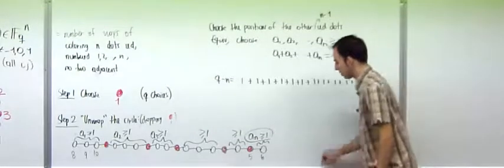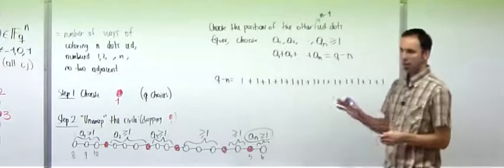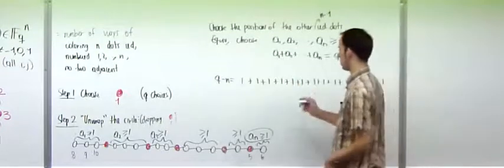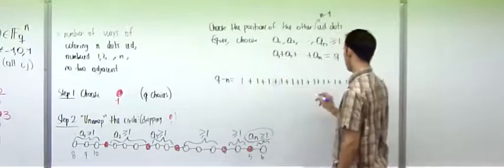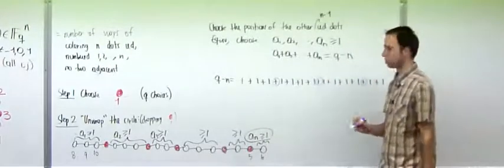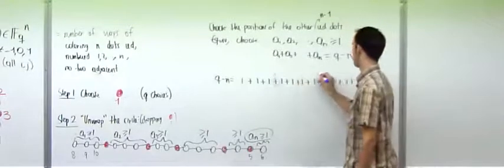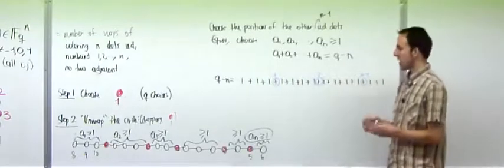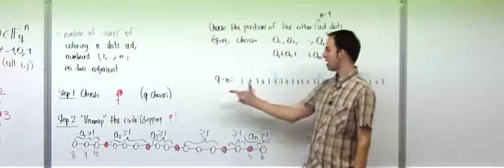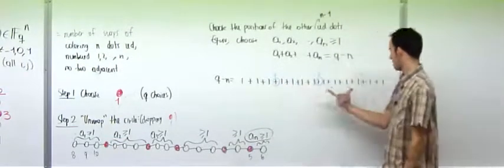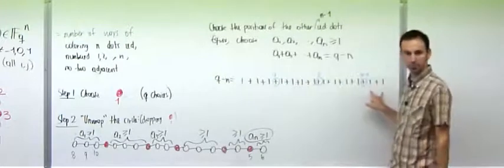And I'm going to choose n of the pluses. Sorry, n minus 1 of the pluses. So I choose this plus and this plus and this plus, 1, 2, up to n minus 1 of the pluses. And then I'm going to get a way of writing q minus n as 3 plus 4 plus 4 plus 2. Okay?